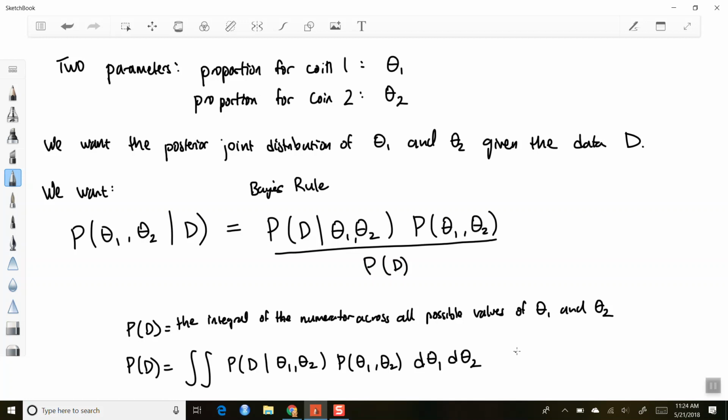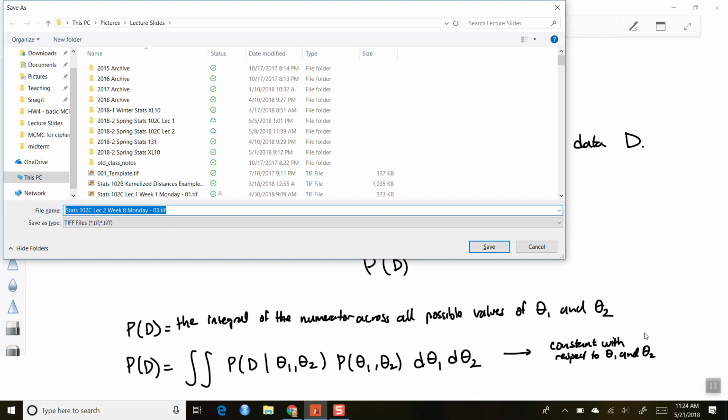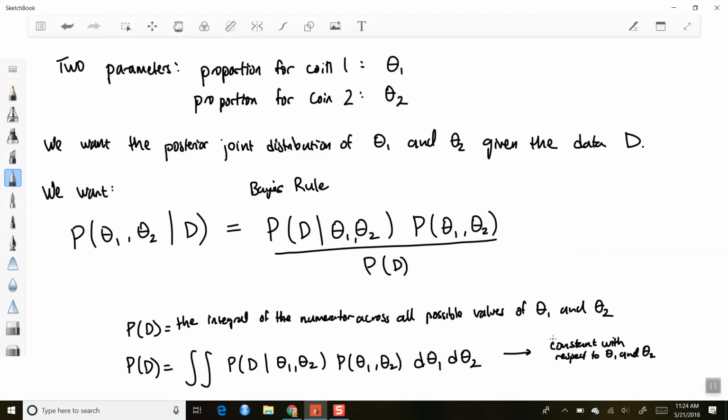And again, this just becomes a constant with respect to theta 1 and theta 2. It's just a normalizing constant. Its only purpose is so that the whole thing integrates to 1. No other purpose.